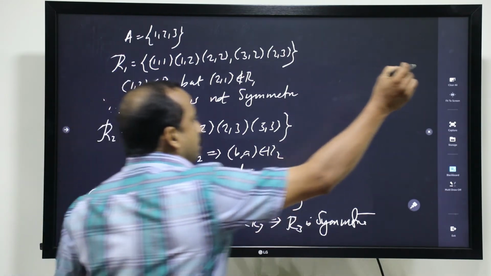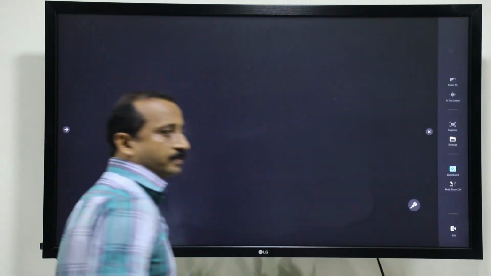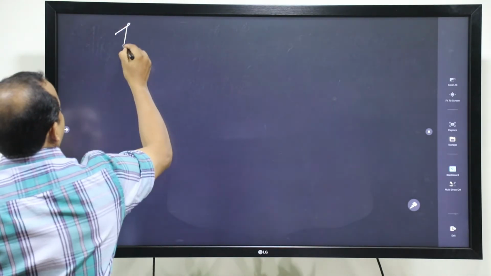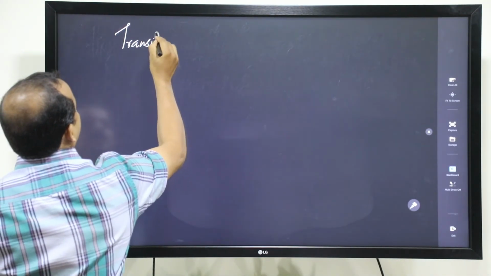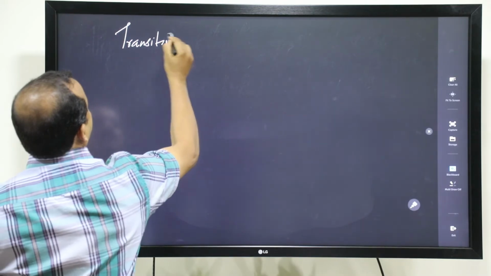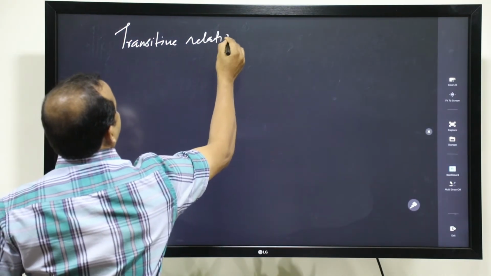Okay. Now we define the third type of relation, that is transitive relation. What is a transitive relation?